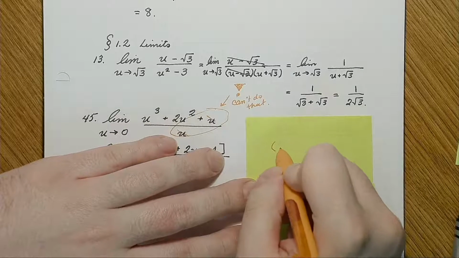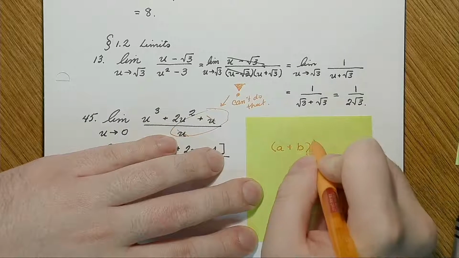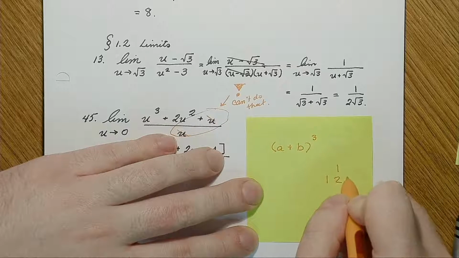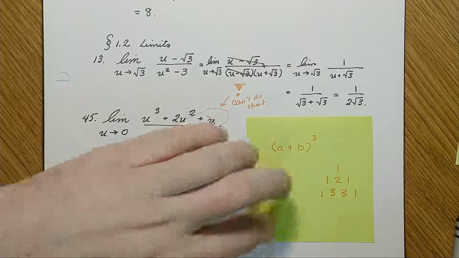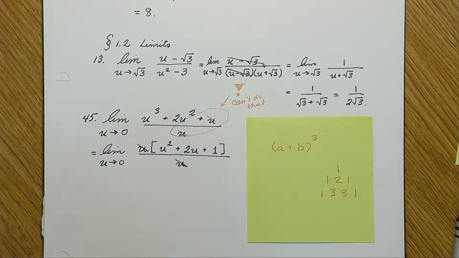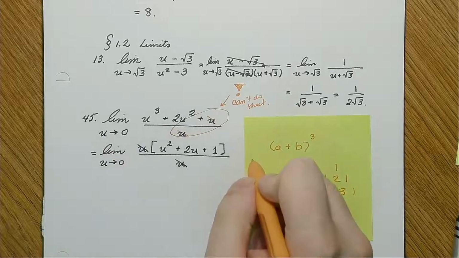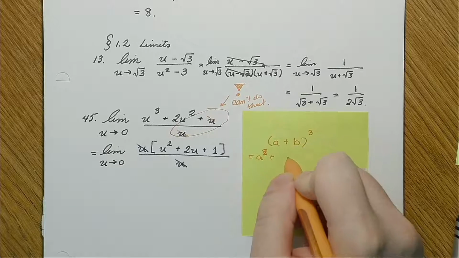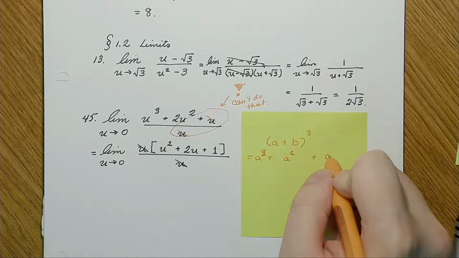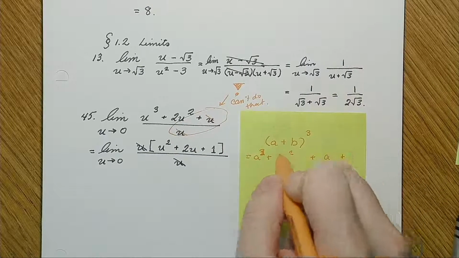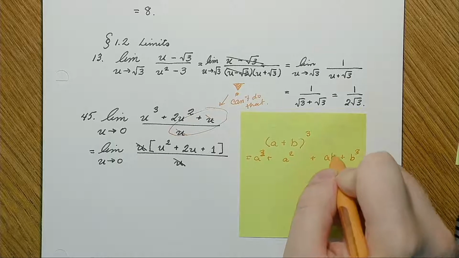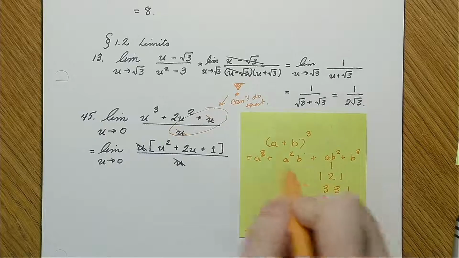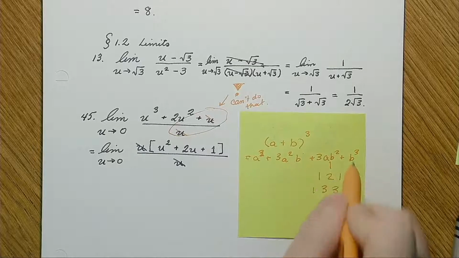We use that when we're expanding something like a plus b to the power 3. Yes, that's when we are expanding something. So we have something like a cubed plus a squared plus a plus nothing, and then over here would be b cubed, b squared, b, nothing there. And so these would be my coefficients: 1, 3, 3, 1.